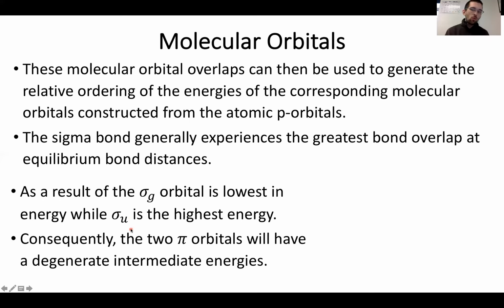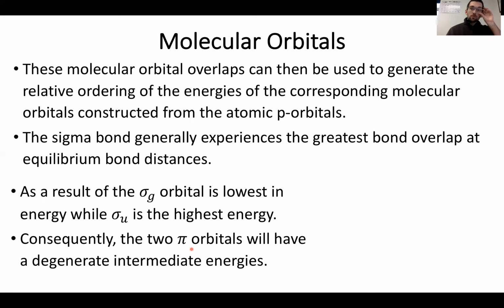Now, the overlap in between the pi bonds isn't as good, which means it won't go as low, but nor will it go as high. So my two pi orbitals are going to form a degenerate set, because I'm going to have two bonding orbitals at the same energy and two anti-bonding orbitals at the same energy. And neither one of these are going to be mixing because they're pointed in opposite directions.